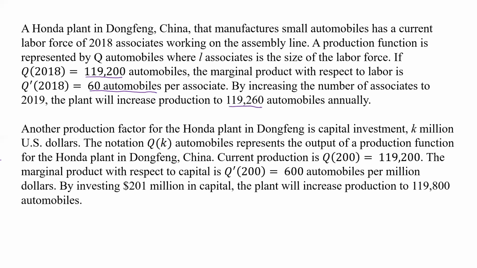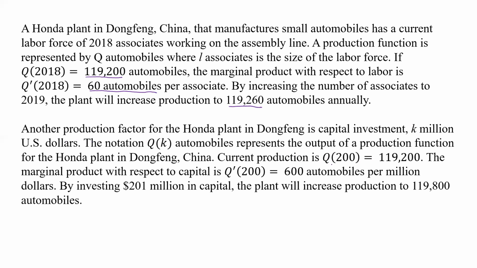Now, another example is if we have capital investment of K million dollars, then the notation Q of K automobiles represents the output of a production function for that many in $1 million invested.